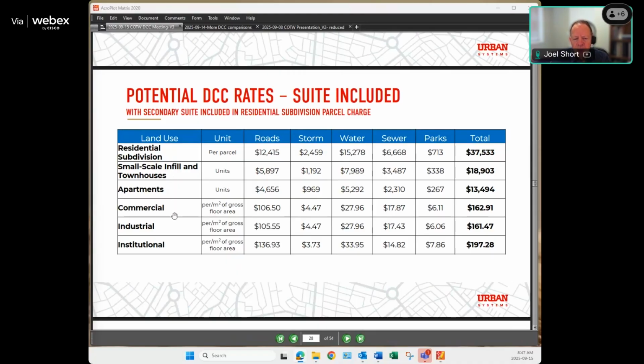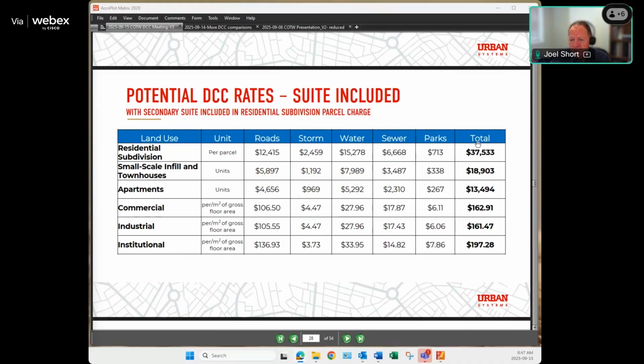And then we've also got apartments, commercial, industrial, and institutional. It's important to remember that on this slide, secondary suites are included in the residential subdivision parcel charge. So in this case, a secondary suite is included when you pay for a new subdivision. That means somebody coming along wanting to build a secondary suite wouldn't have to pay anything extra. It'd already be paid for.